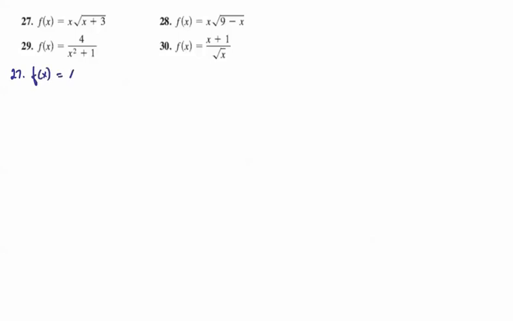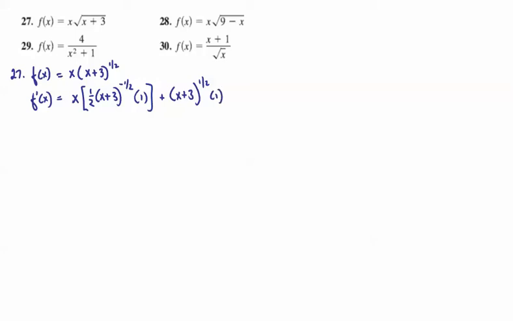We have x times (x plus 3) to the 1/2 power. And we'll need to do a product rule here for the first derivative. F prime of x is 1 d2 plus 2 d1: 1/2 (x plus 3) to the negative 1/2 times 1, plus (x plus 3) to the 1/2 times 1.